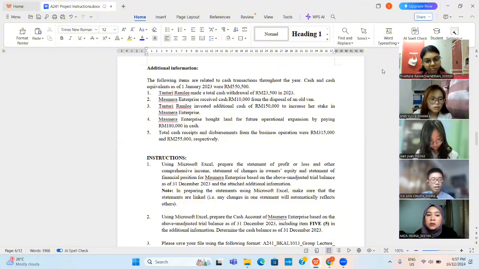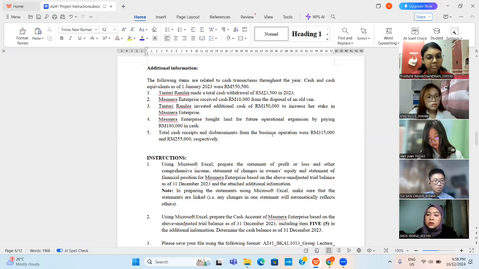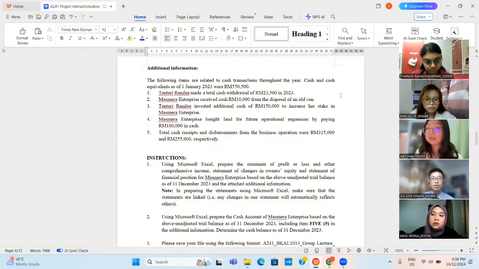For number five, can someone try the question? I think cash receipt we need to add, but I'm not sure about the disbursements. You are correct for the cash receipt. Yeah, the cash receipt is adding cash, but the cash disbursement is an expense. Okay, clear. So to conclude, for the first transaction, cash withdrawal is an expense of cash from the organization.